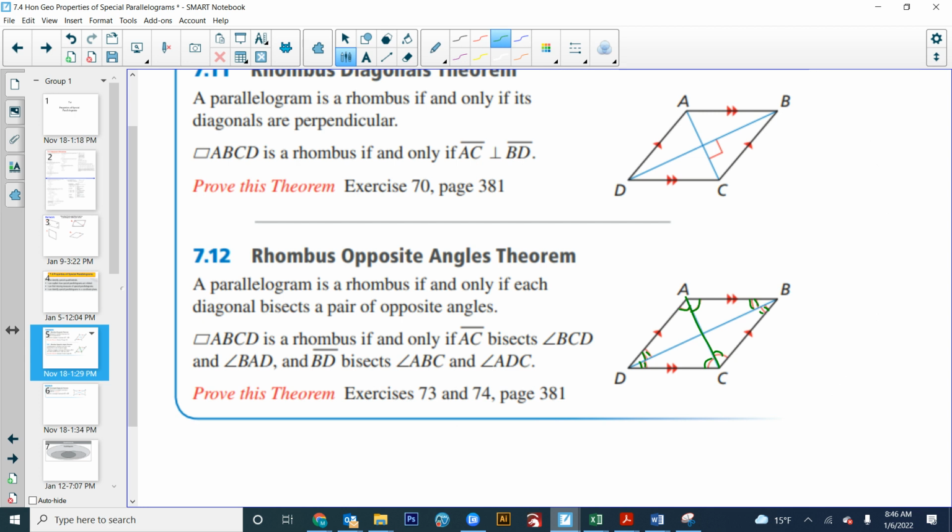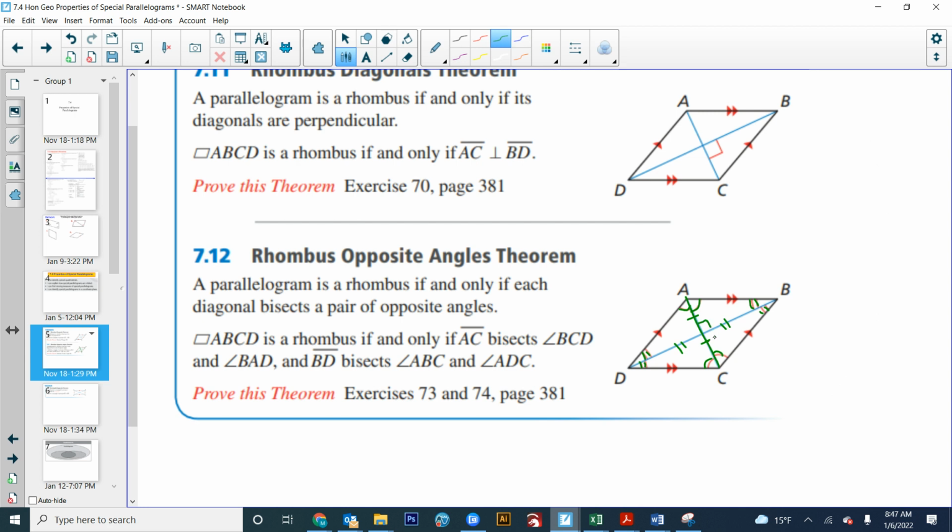Now, let's stack on some information. What else can you tell me about these diagonals? Because it is a parallelogram, the diagonals also bisect each other. You don't need to write that in here. I'm just stacking information. What else? It's a rhombus. We just learned that the diagonals are always perpendicular.